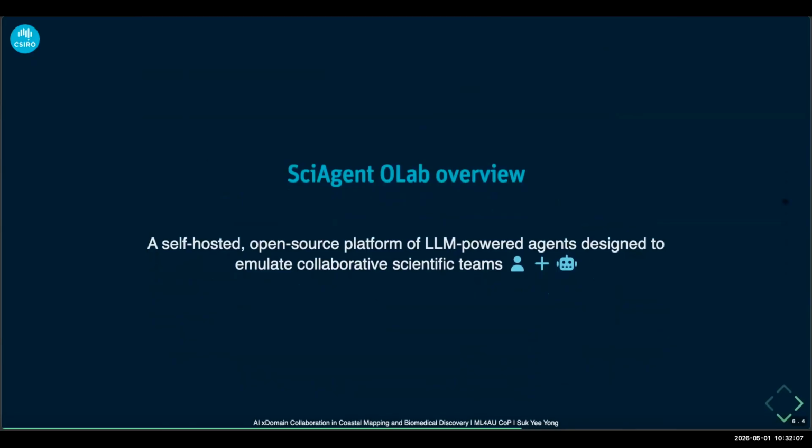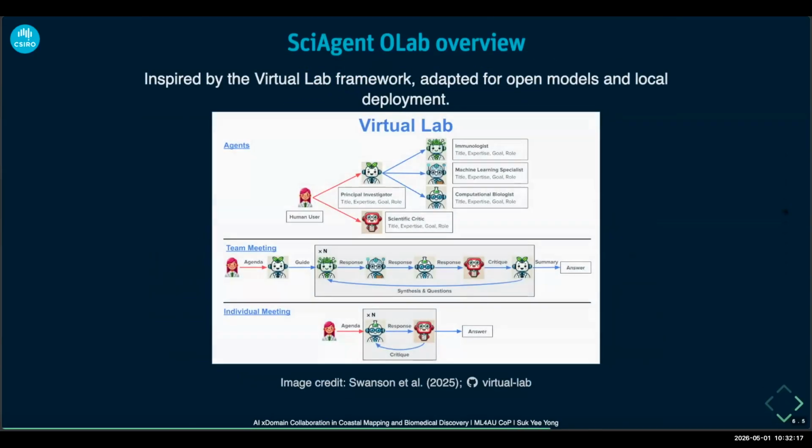So just a rough overview. As I mentioned, it's a self-hosted and open source platform that is designed to emulate collaborative scientific teams. This is inspired by the Virtual Lab framework. But in their project, they use OpenAI, which is a closed model.